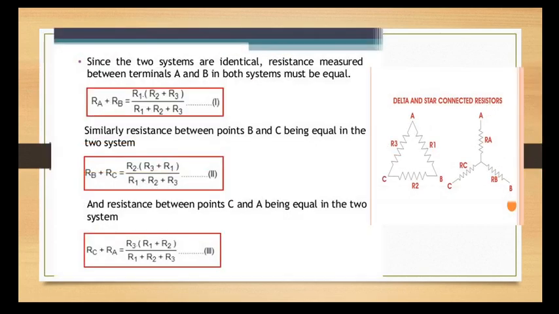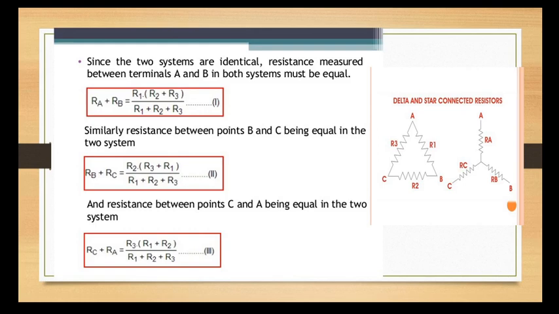Similarly, you can calculate the total resistance between B and C, which is RB plus RC. Again, you can calculate the effective resistance between the points C and A, that is RC plus RA, equal to R3 into R1 plus R2 divided by R1 plus R2 plus R3.